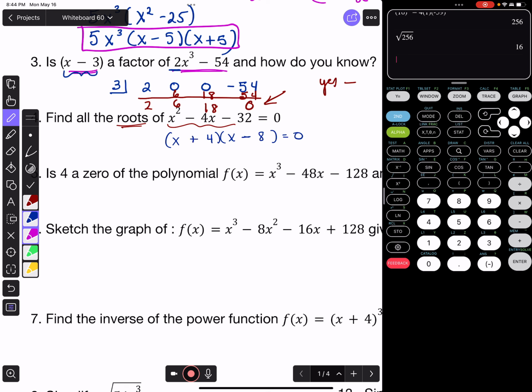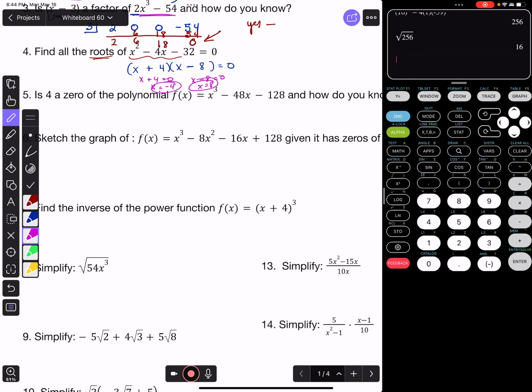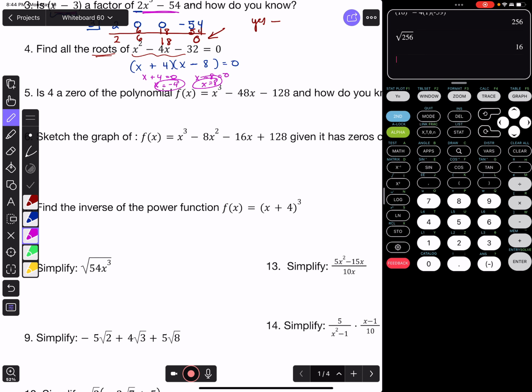It factors very nicely. Don't forget to set each factor equal to 0 to solve them. We get lazy sometimes, and we forget to do that.